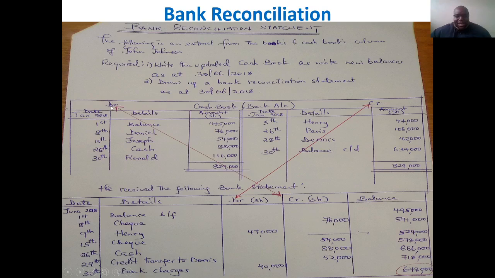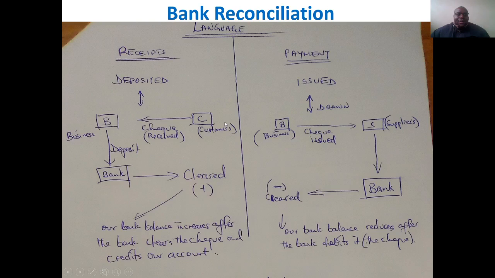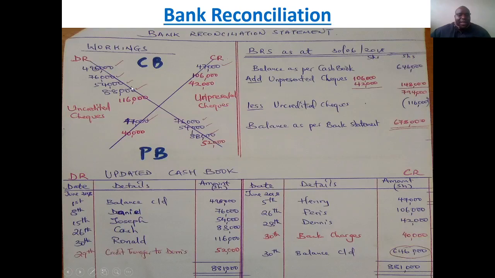We said that DR side is reflected on the CR side of the bank statement. So we have 76, 54, 88. 116 is not reflected here. We write it here. Then we look at the credit side of the cash book.